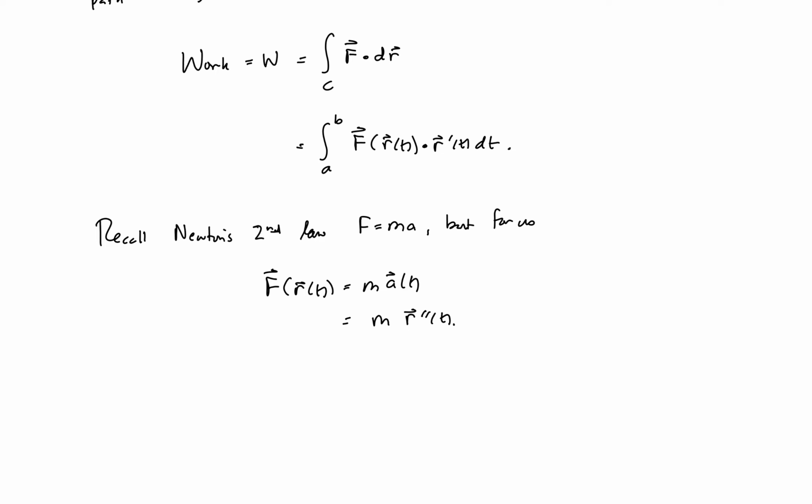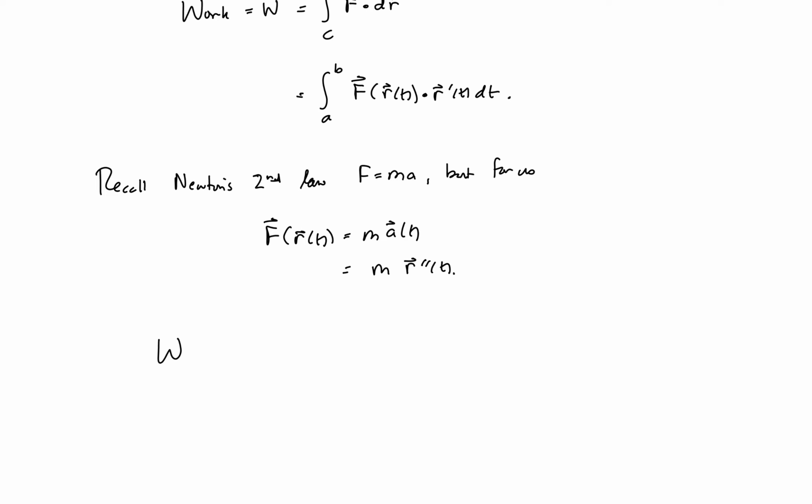Then if we put that back into our work formula, work is the integral from a to b of m r double prime of t dot r prime of t dt. Of course, I can move that m out front, because it's a constant.